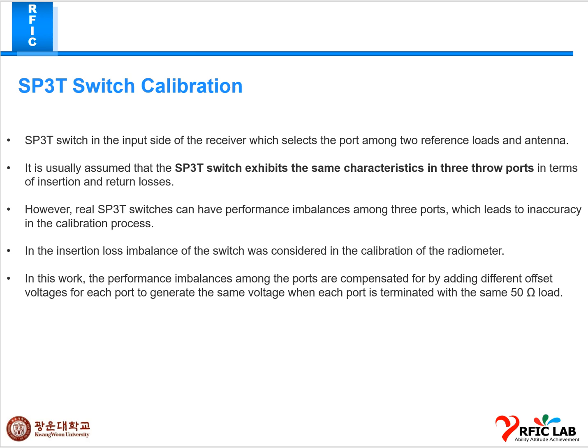And again, the subtopic is about SP3T switch calibration, some detail about the switch calibration of the SP3T. On the input side of the receiver, it selects the ports among two reference loads and the antenna.